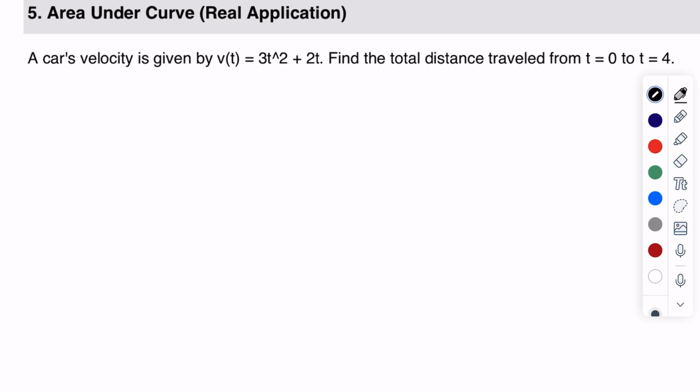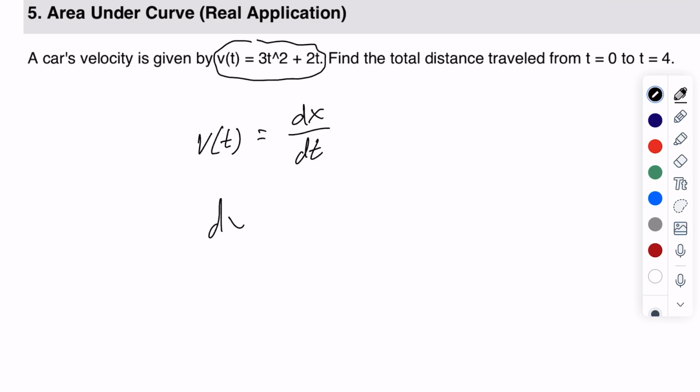So for this problem, we have the velocity of a car given by a function. Find the total distance traveled from time of 0 seconds to 4 seconds. And what we have to do is integrate this function from 0 to 4. But the reason that we do that is velocity as a function of time is equal to the change in position with respect to time.